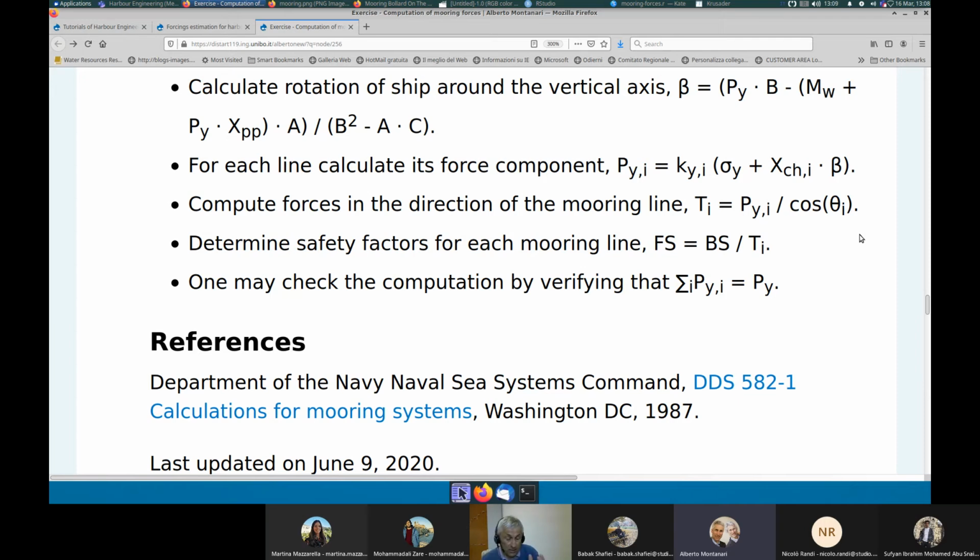But this is nothing else than decomposition of forcing along given directions, taking into account that these directions are along elastic lines.